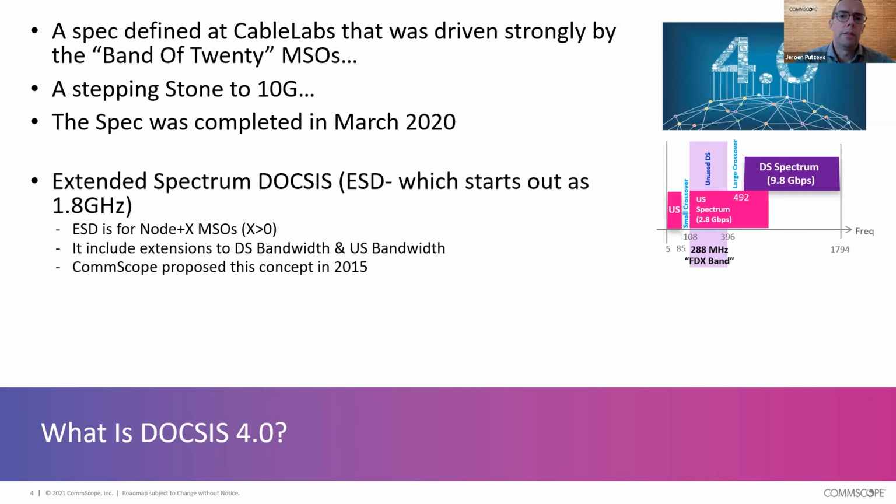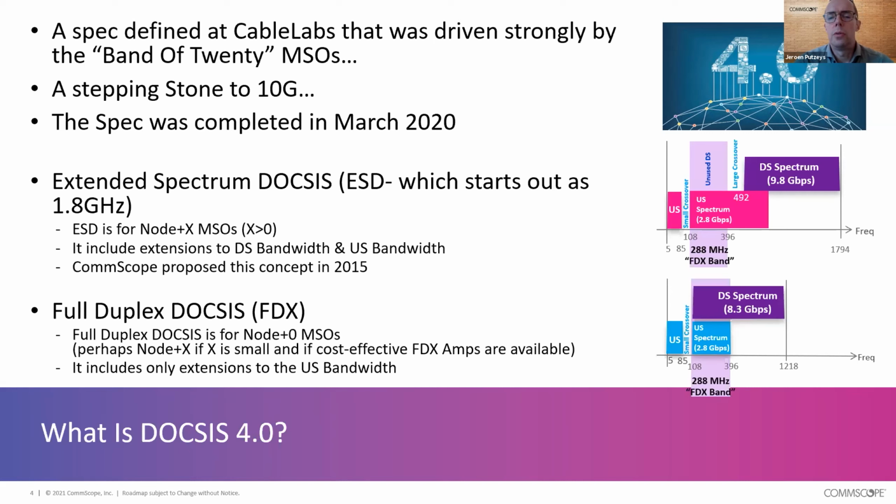And you could say at a high level, 4.0 comes in two different flavors. On one hand, you have Extended Spectrum DOCSIS, ESD, which extends the RF spectrum from 1.2 gigahertz to 1.8 gigahertz. ESD does support N+X HFC plant architectures, which we believe is a very good fit and a good option for most of the European MSOs.